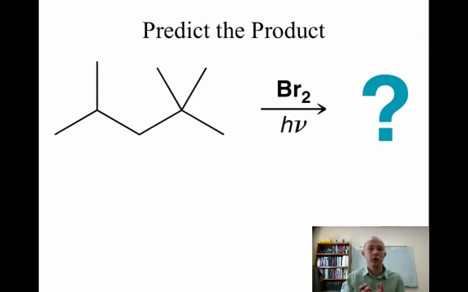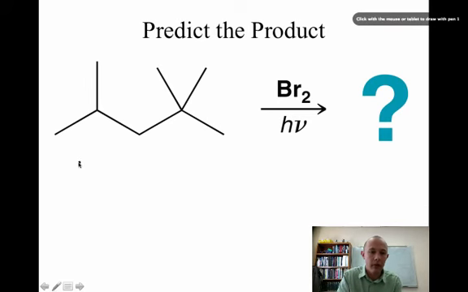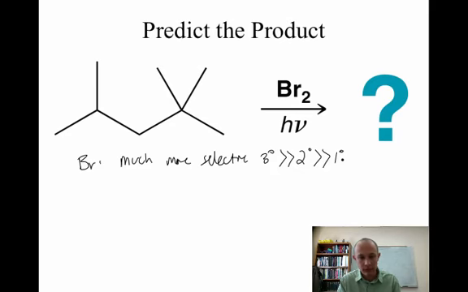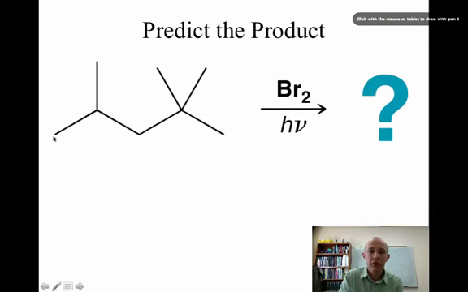Okay, so practically speaking, this allows us to predict the major product of bromination. So we're going to assume bromine is much more selective for tertiary over secondary, and secondary is much, much more selective over primary. So if we monohalogenate this molecule, the first thing you want to do is identify all the different kinds of hydrogens, right?